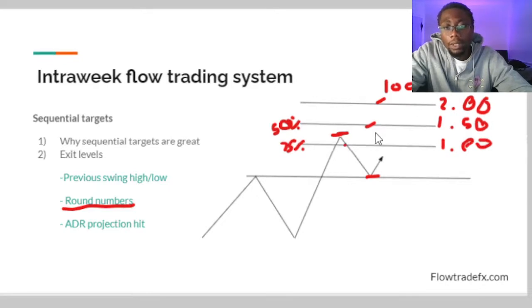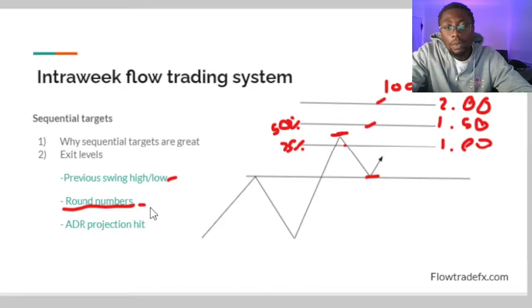Using these round numbers, we can project that if price continues to go up, this is where we close significant portions of our trade, not as much as we would close in a previous swing high or swing low situation. Like we see here, we always close out a higher number for the previous swing highs/lows than we would for round numbers.